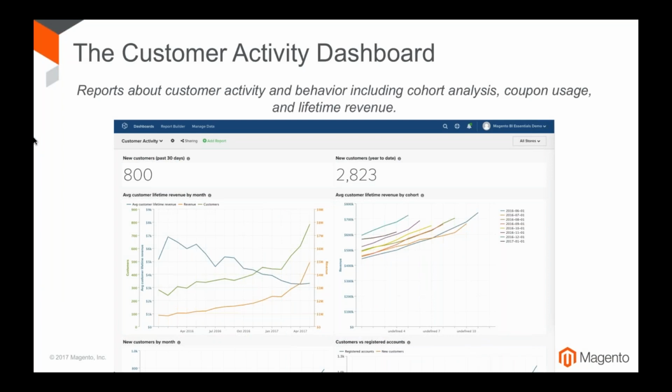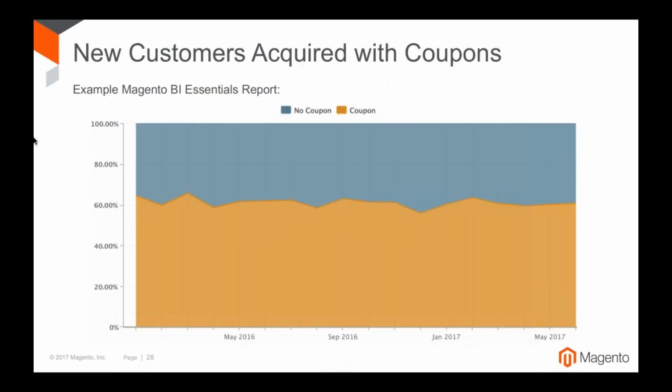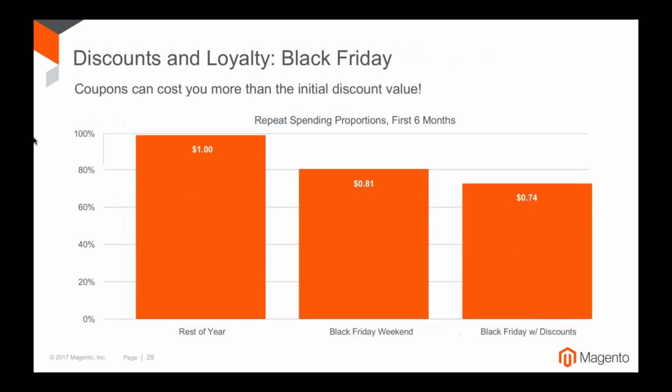This is a proxy for lifetime value that shows how things are growing over time. And you can even dig into things like coupon usage. This is a fairly standard report that comes out of the box with MBI Essentials, where you're looking at how discounting or providing coupons changes the story perhaps about your customers. Having this dimension available is a really powerful thing, and we've seen that in our benchmarking data as well.